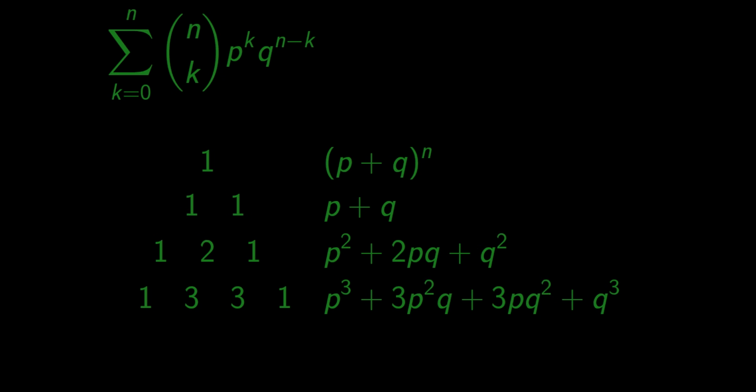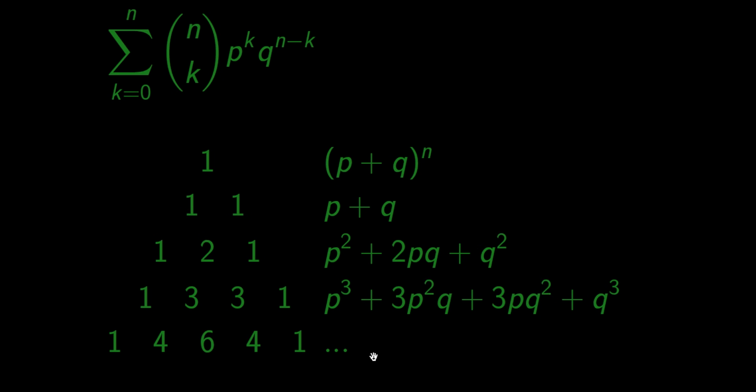Now, note how the triangle expands. Each number is the sum of two numbers above it. 2 is the sum of 1 and 1. 3 is the sum of 1 and 2. You can write it down further, and it will correspond to coefficients of higher order polynomials.